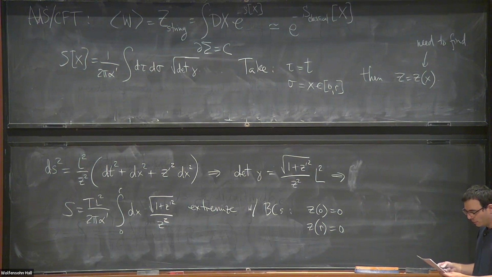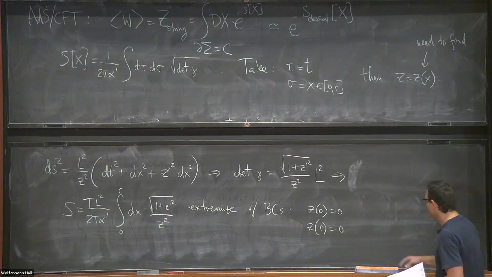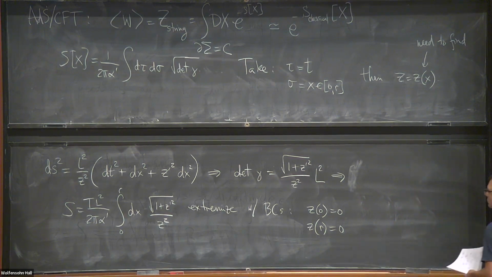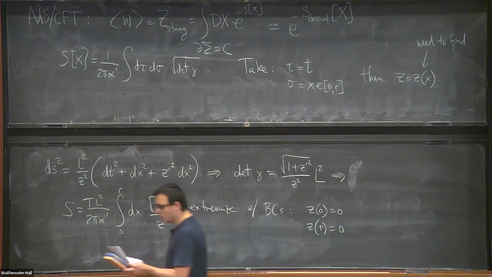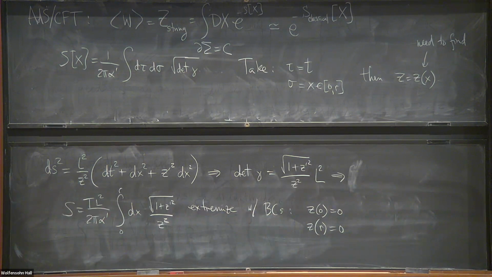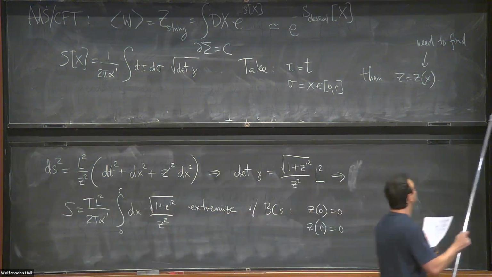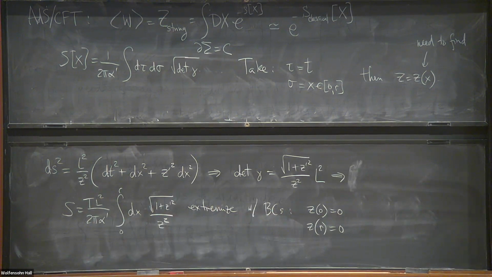And then we can just plug it back in. So I can just tell you what the answer is. If people want more intermediate steps, I have them. So the answer, maybe I'll write here.